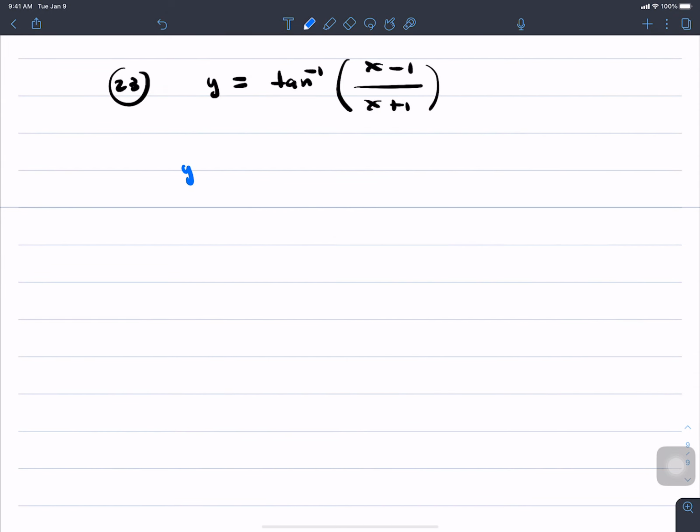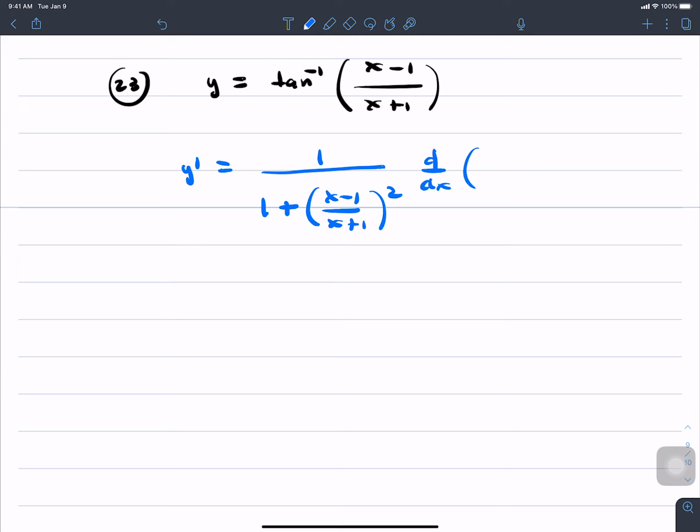Okay. Y prime will be 1 over 1 plus x minus 1, x plus 1 squared. And we differentiate with x minus 1 over x plus 1.